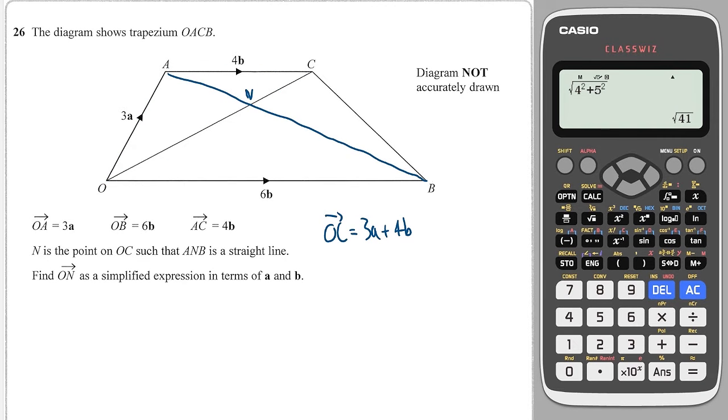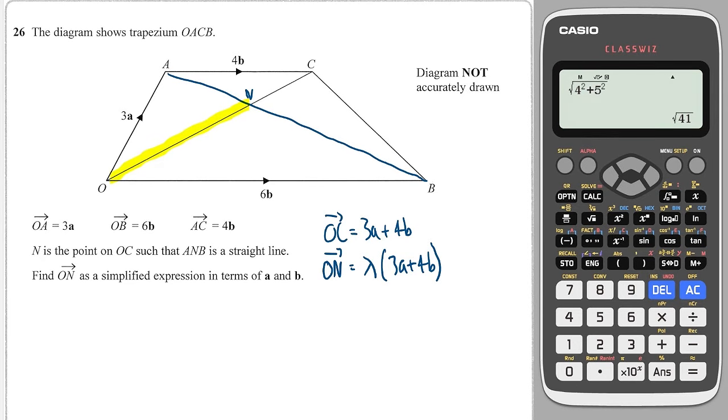And then what we can say is that if I wanted to work out O to N, then it would be a multiple of O to C. It will be a fraction of it. It might be half, it might be 3/4, we're not sure yet. But what we'll say is that O to N is equal to lambda of O to C, which is 3a plus 4b. You could use any letter there. I've just chosen lambda. I'm not sure why.